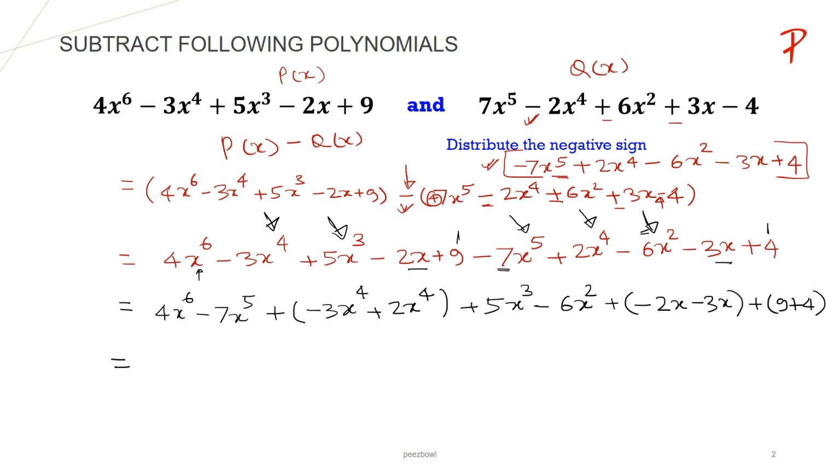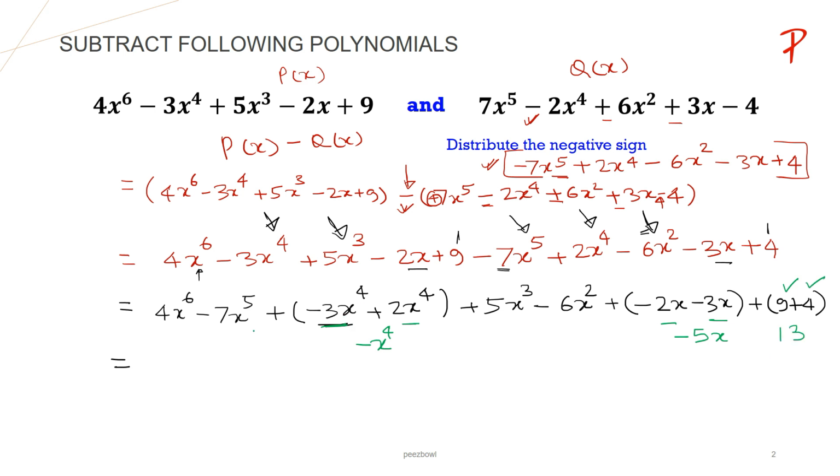Okay, now we are going to simplify the like terms. Minus 3x to the power 4 plus 2x to the power 4 is nothing but minus x to the power 4. Okay. Then minus 2x minus 3x is minus 5x, right? And 9 plus 4 is 13. Okay.